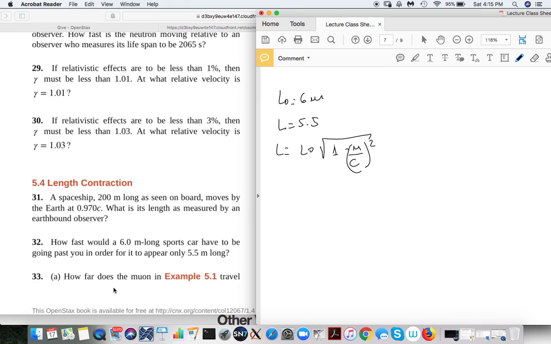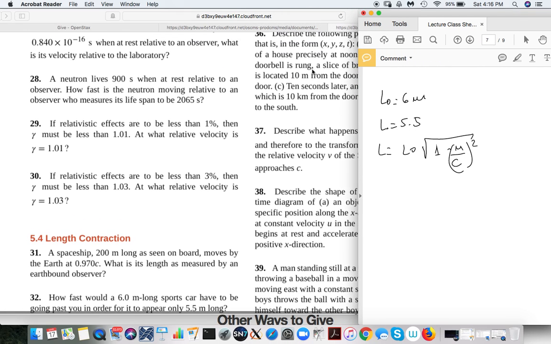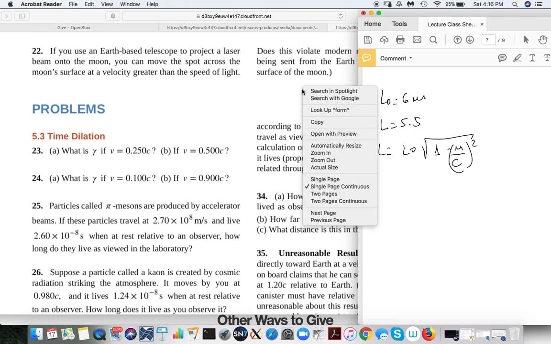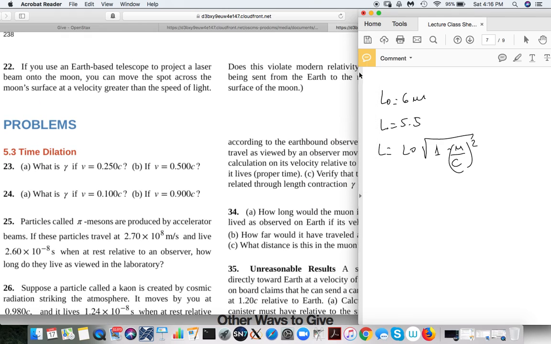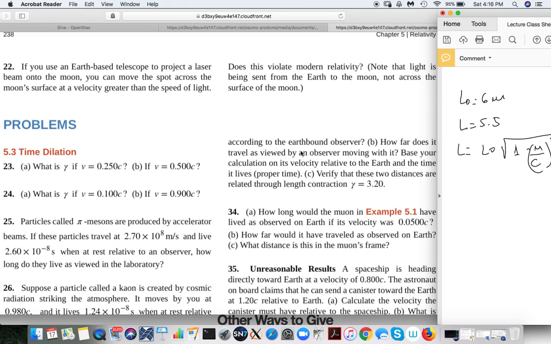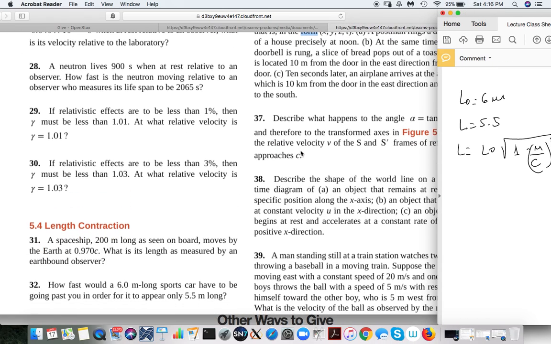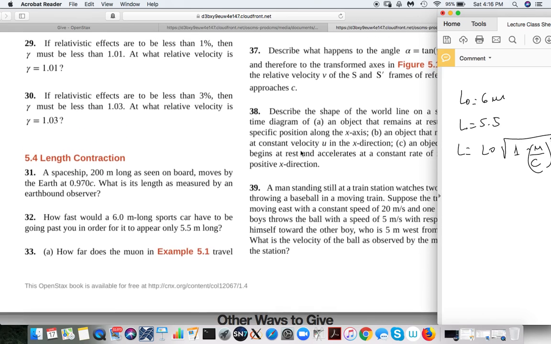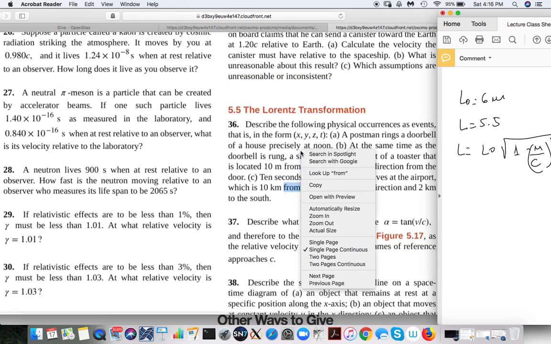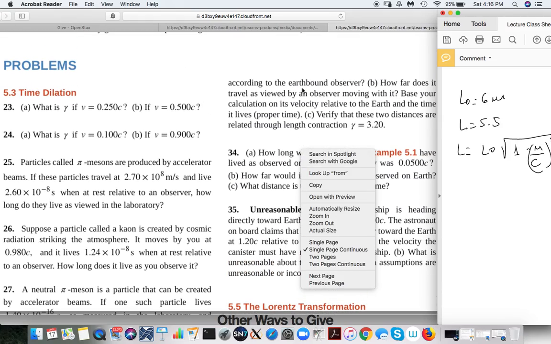Now, how far does the muon in example 5.1 travel according to an earthbound observer?